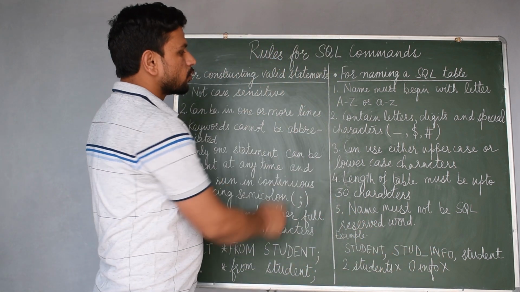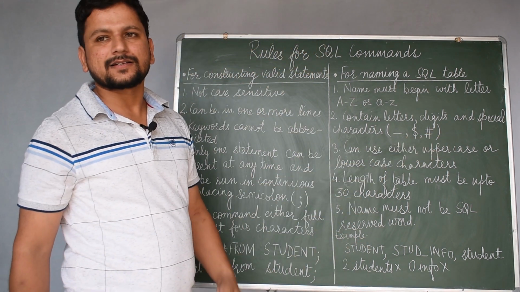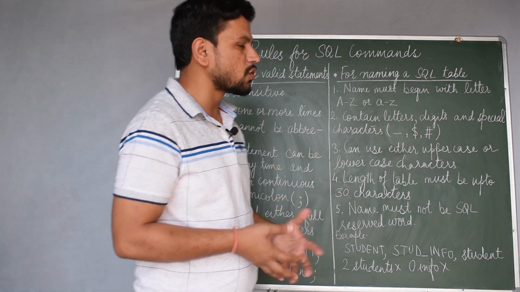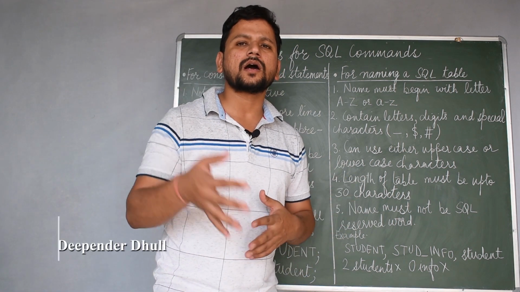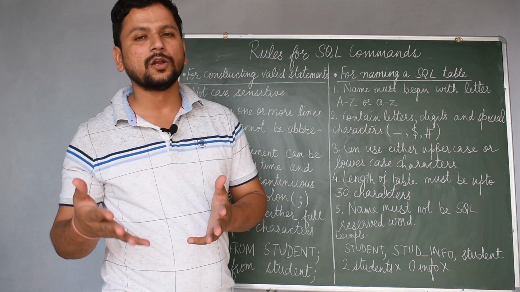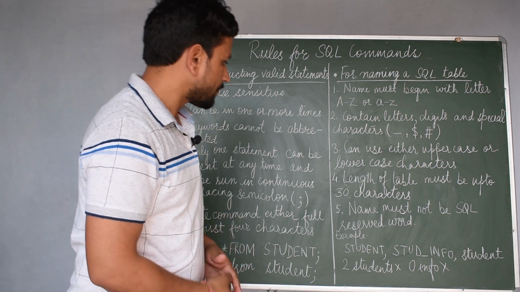So third rule we have, can use either uppercase or lowercase characters. In the same way as writing valid statements, here also while naming a table or naming a column, we can use uppercase also, lowercase also, because that is not case sensitive.